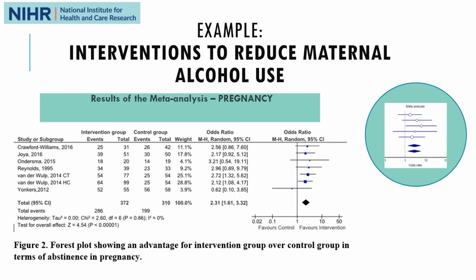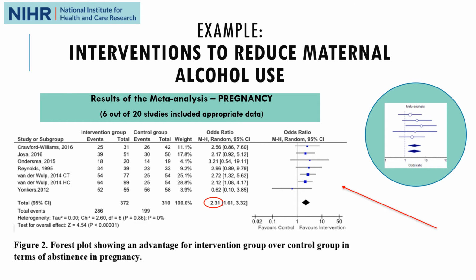We included 20 trials on alcohol-related pregnancy interventions. Abstinence data were available for only 6 trials out of the 20, investigating the effects of alcohol reduction interventions on abstinence during pregnancy.